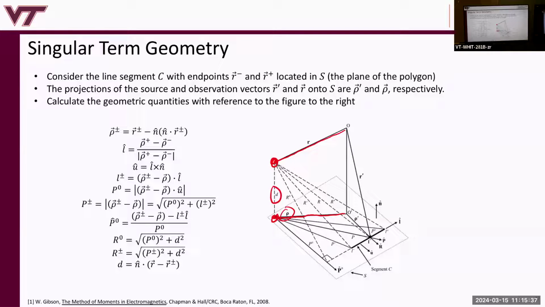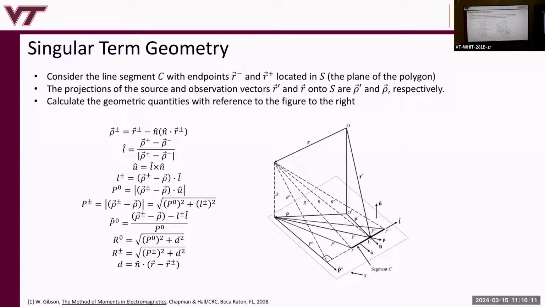Just d. So the position vector R becomes rho in the plane of the triangle, and the source position vector, R prime, becomes rho prime in the plane of the triangle. Now, we have the source segment C. The projections of the source and observation vectors R prime and R onto the plane of the polygon are rho prime and rho, respectively. All right?